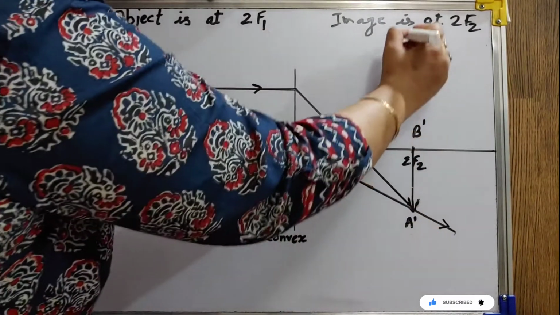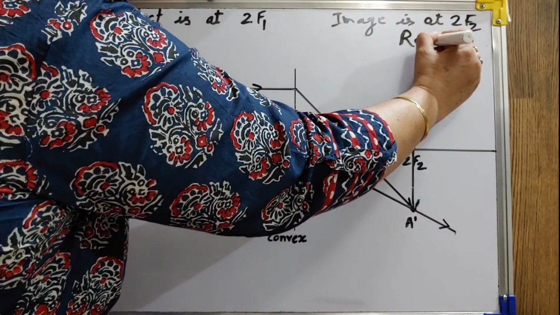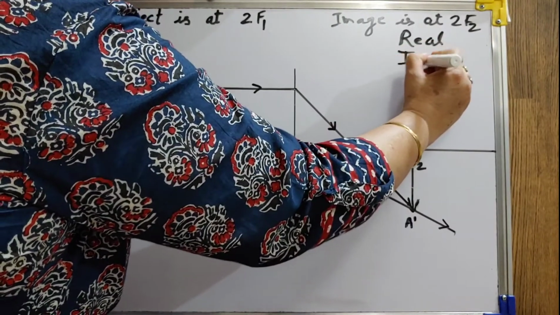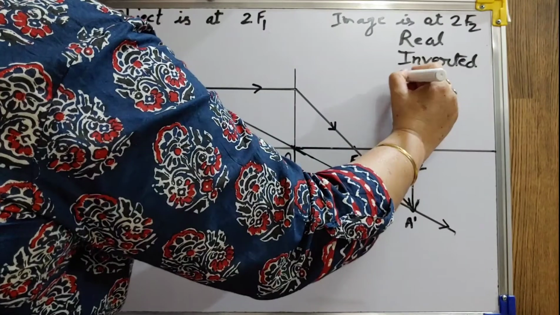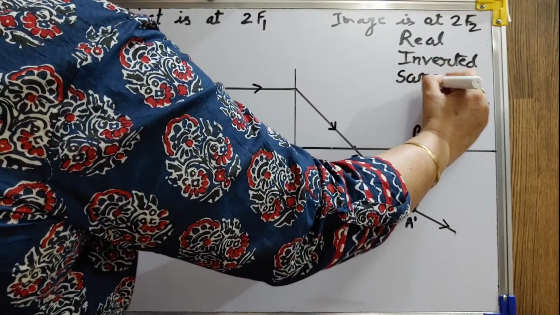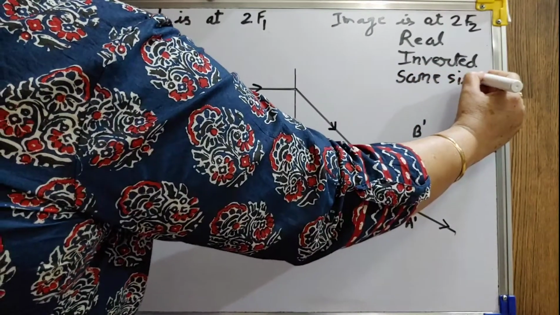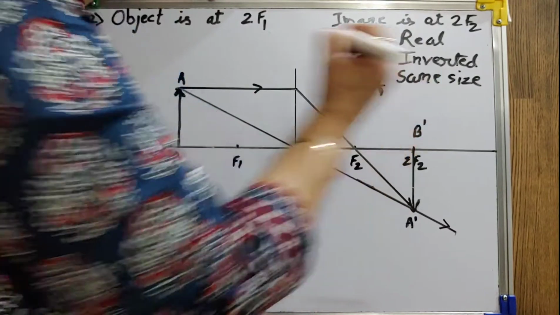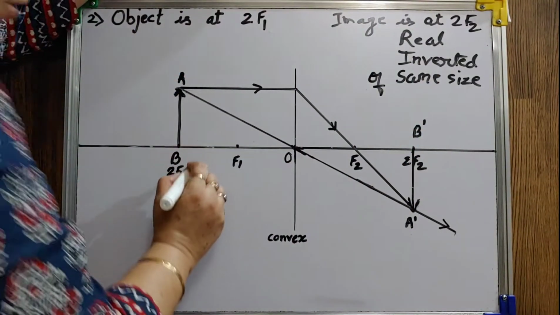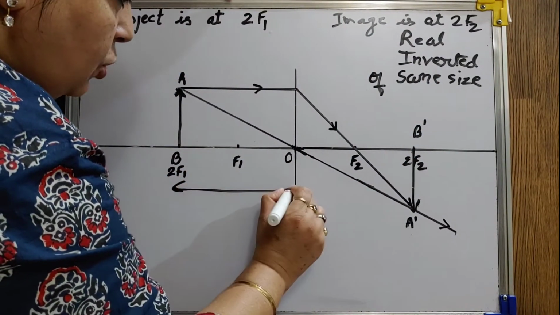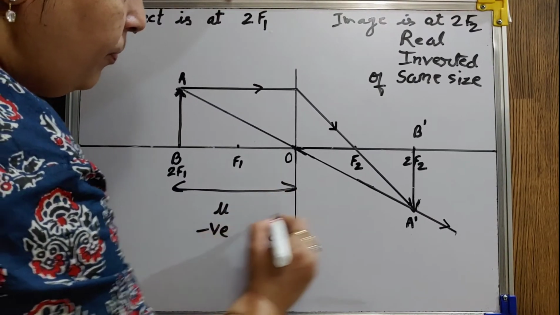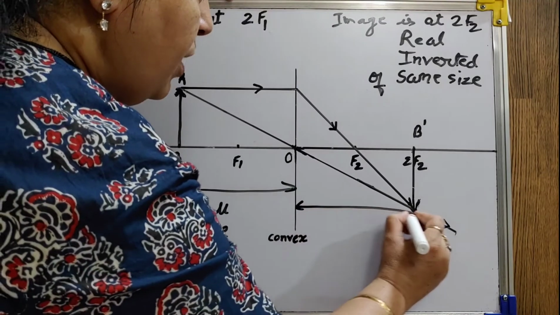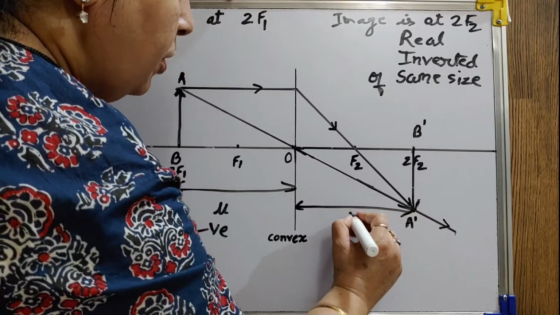It is formed by actual intersection. So it is real, inverted and of same size. Now this distance U, again it is negative. This distance V is positive.